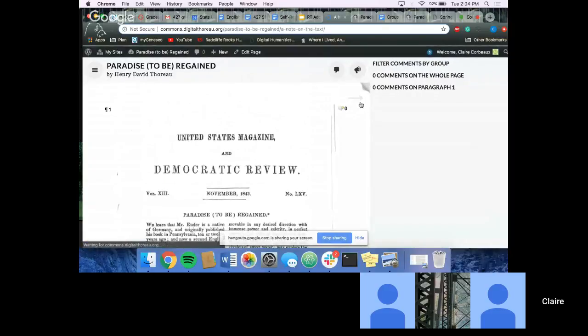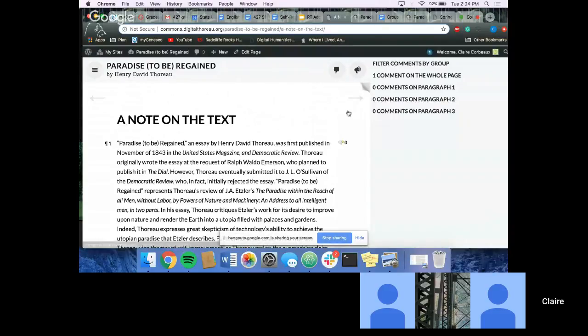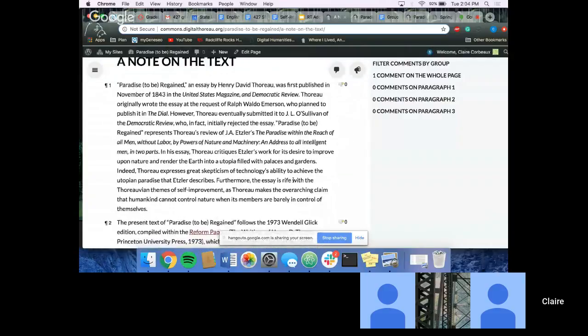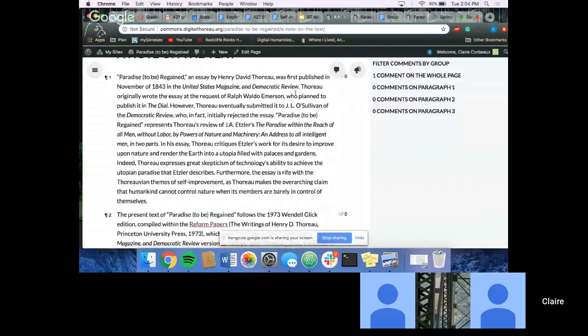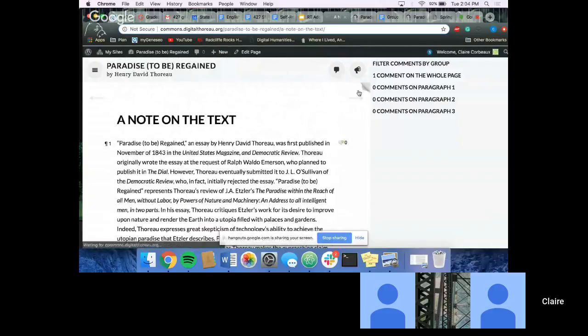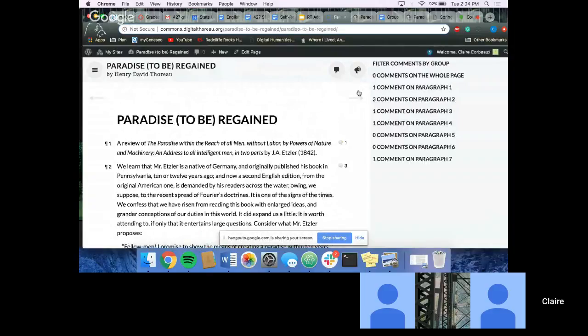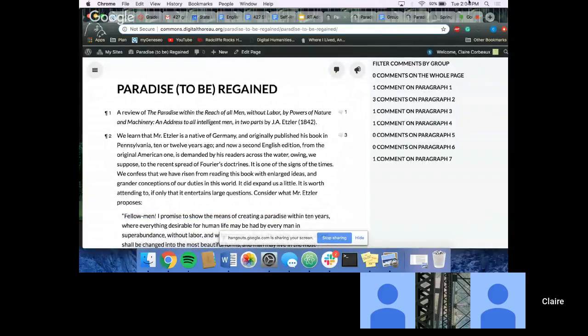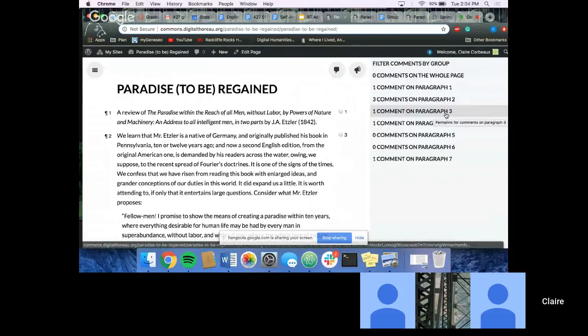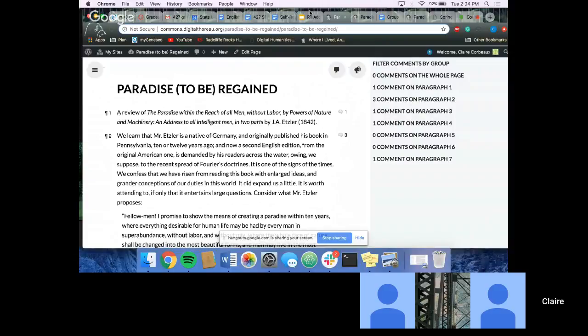And then you go through, you can see our note on the text, where we have places where you can download the PDF and just a little background information on it. And then this is the text itself. And then we've got our comments over here on the side. So if you guys want to take a look at it and read it, feel free. I'd like to see what you guys think.